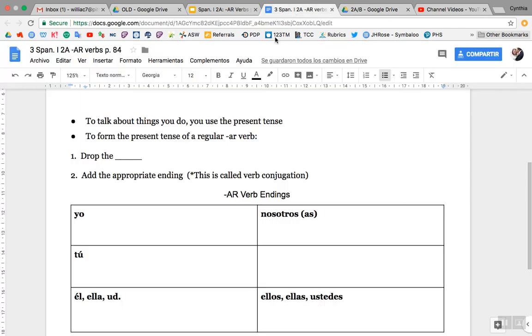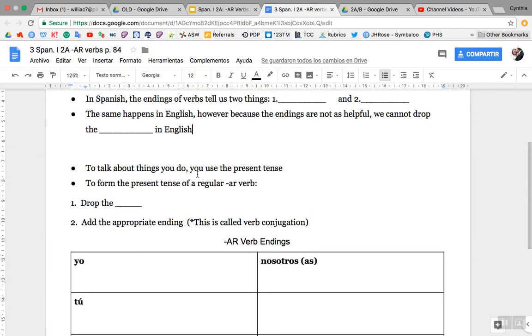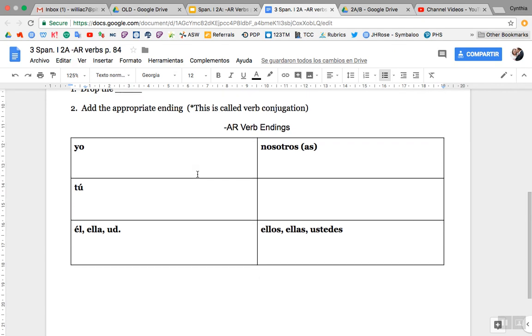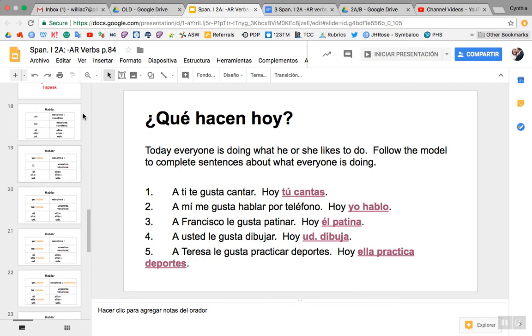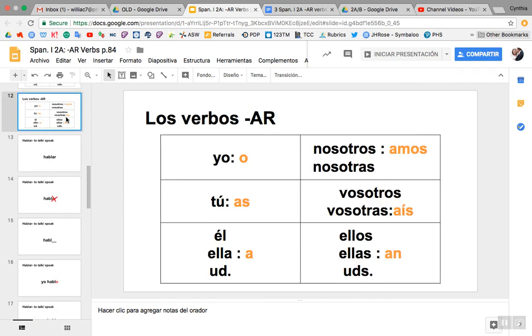All right. Good luck. And I want to also remind you, these AR verb endings that we were covering today, let me go ahead and pull it up here. They are not going away. You are going to use these for the rest of Spanish. Spanish 1, Spanish 2, 3, 4, into infinity, okay? This is something you have to learn.